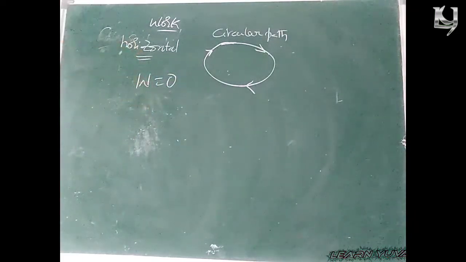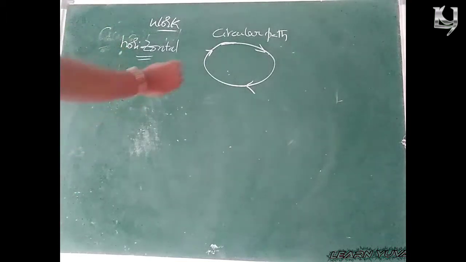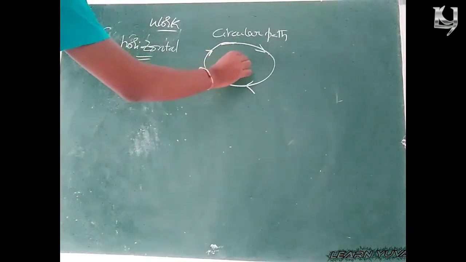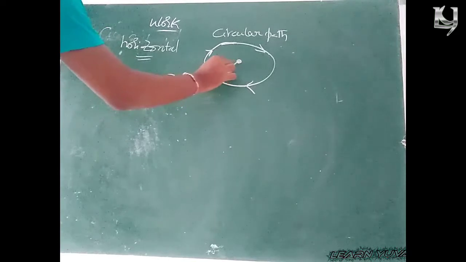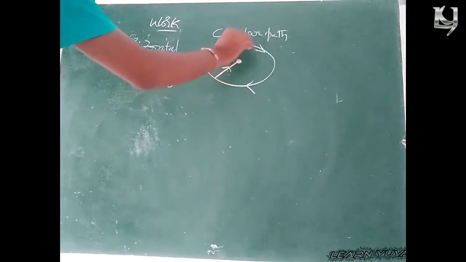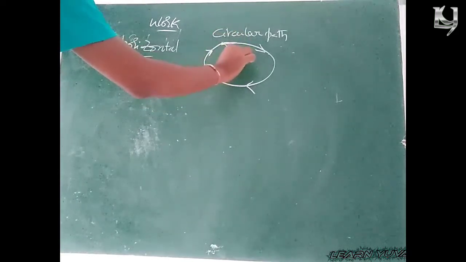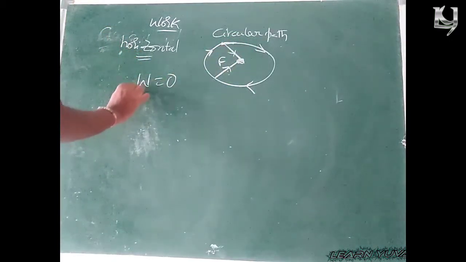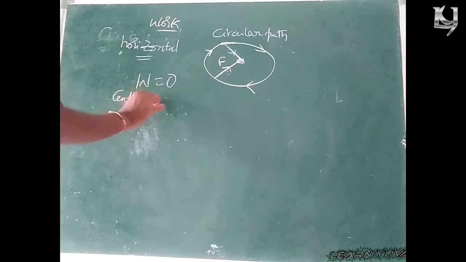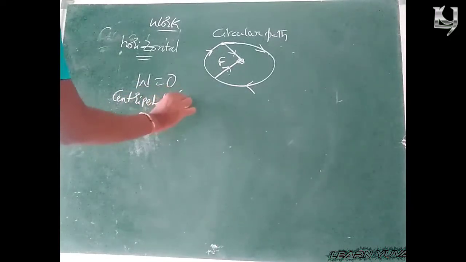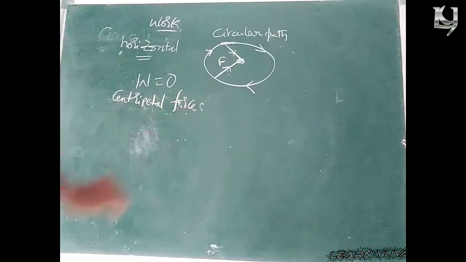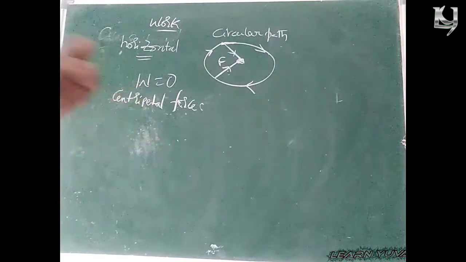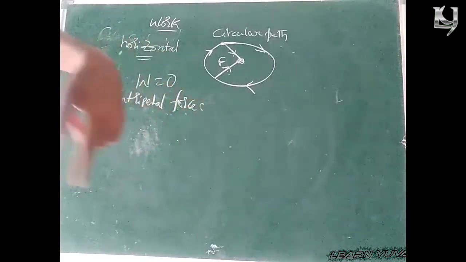In this case also there is no work done, because here there is a centripetal force acting on this body. Centripetal force is nothing but the force which always pulls the body to make the object move in a circular path.